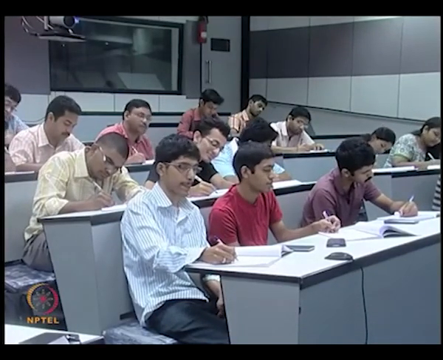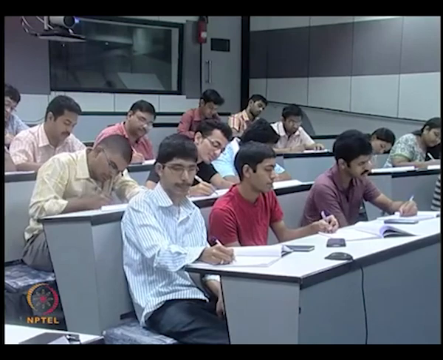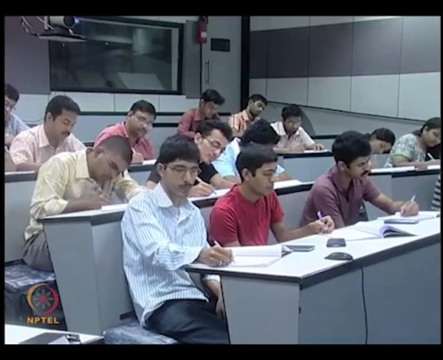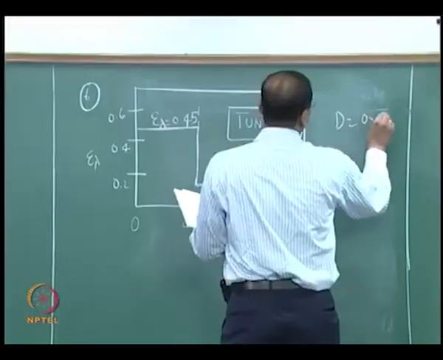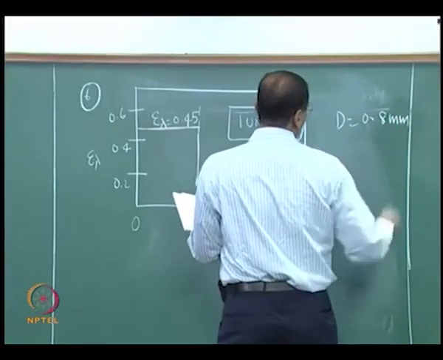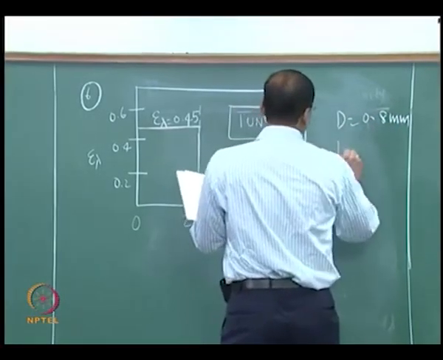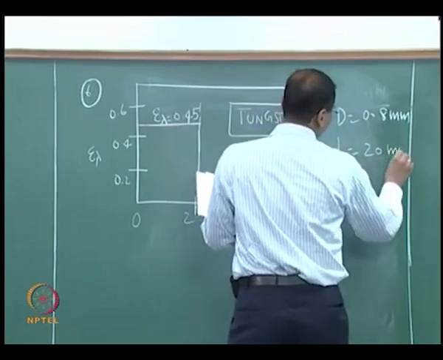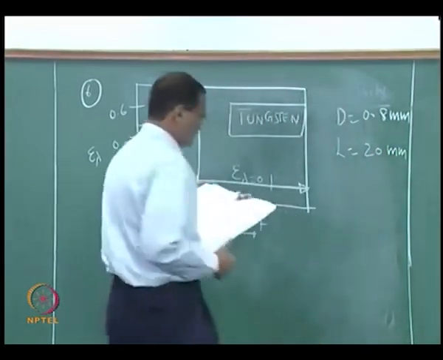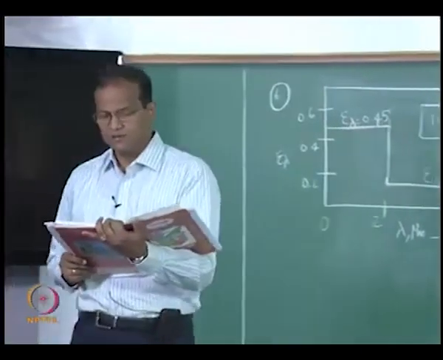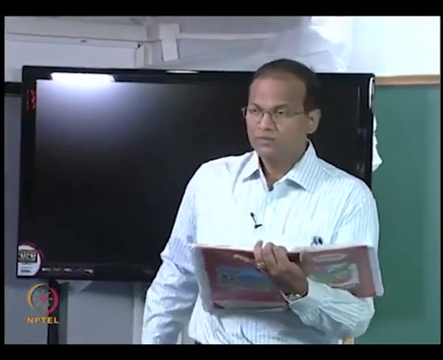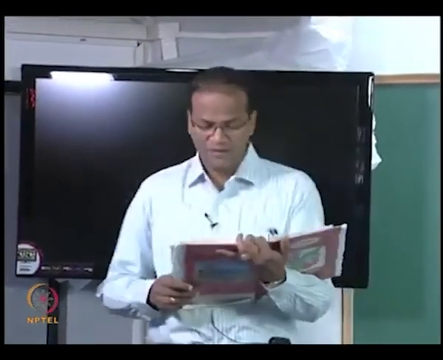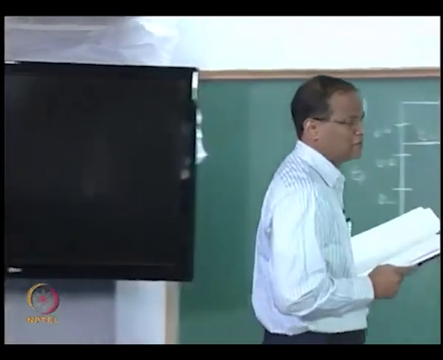Consider a cylindrical tungsten filament that has a diameter of d equal to 0.8 millimeter and length equal to 20 millimeter, full stop.